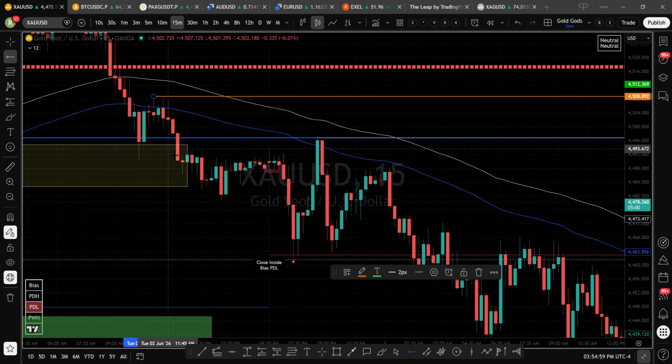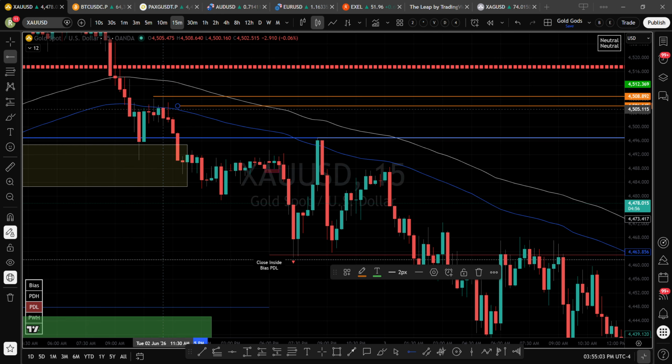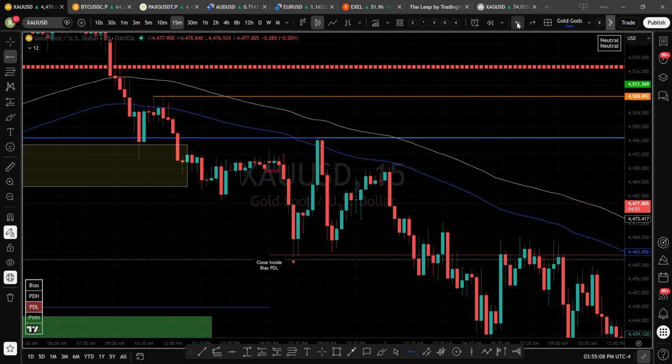Let's say you missed this opportunity. We would wait for another opportunity for price to come up and hit this line, which is right here.